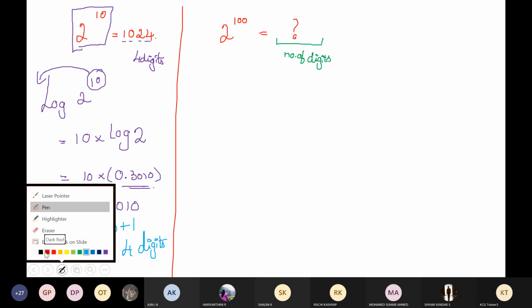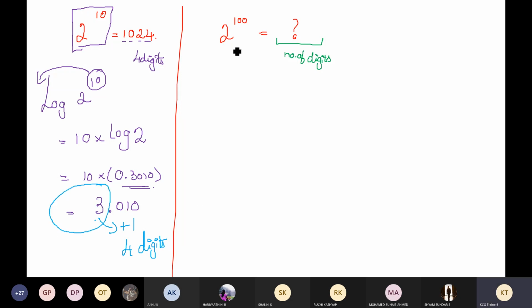Similarly, can you guys find out how many digits are there in 2 power 100? Very good, Harivardhani. Superb. Very good, Nitya Gilani. Excellent, guys.